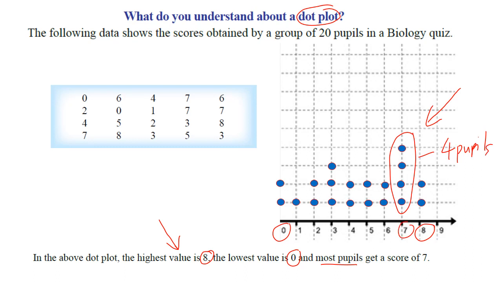So when you interpret the data, you can say the highest value, the lowest value, and the most pupils with the score. Here it is 7. Highest is 8, lowest is 0. That's how you interpret the dot plot, about the dispersion.